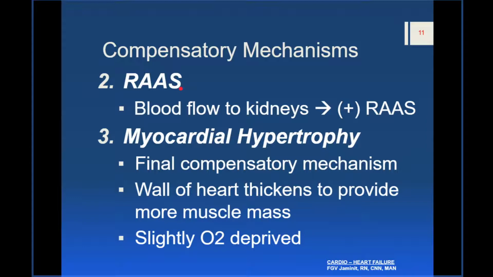The aldosterone can also be stimulated. It is a hormone actually released by the adrenal glands. Aldosterone is a hormone that reabsorbs sodium, which, when retained in the body, can hold back water.